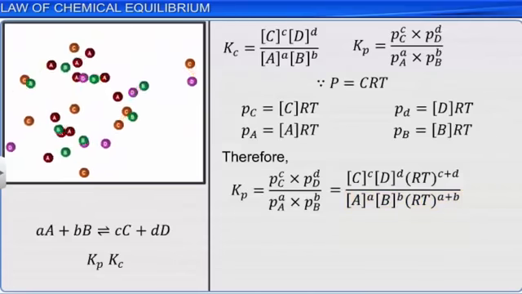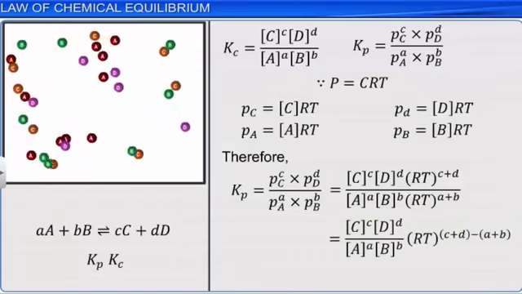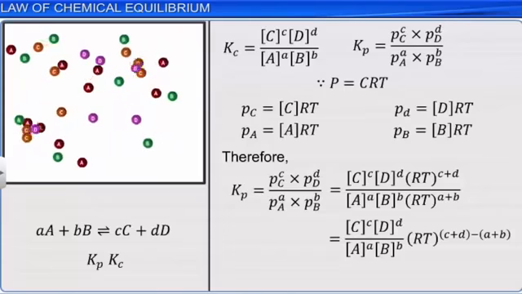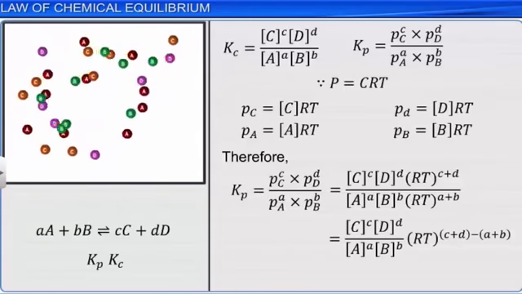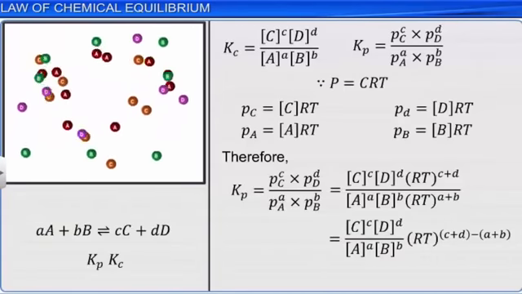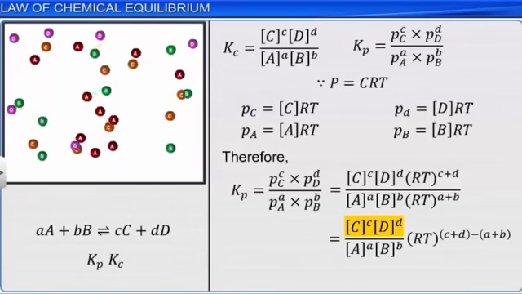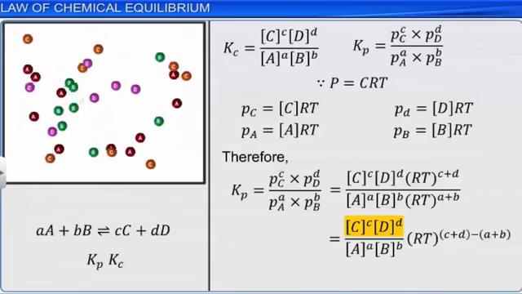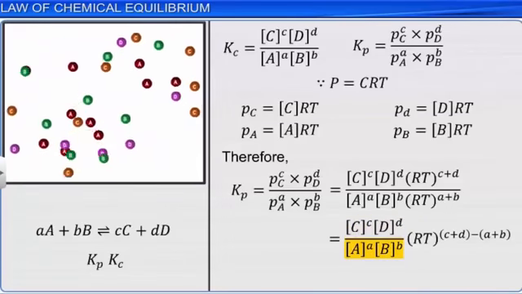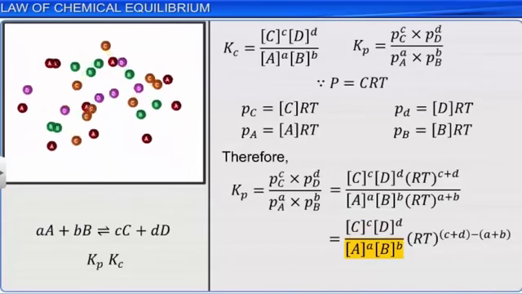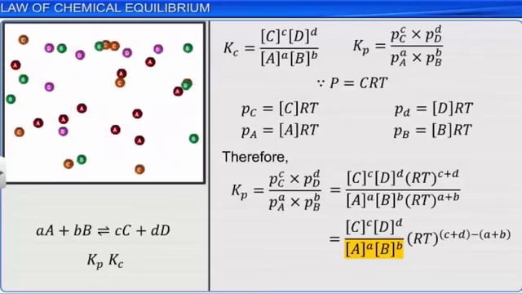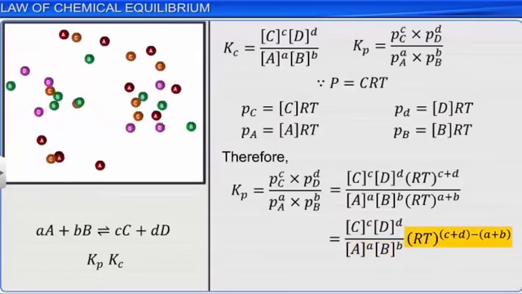This can be written as the concentration of C raised to the power of c and D raised to the power of d divided by the concentration of A raised to the power of a and B raised to the power of b, multiplied by RT raised to the power of the sum of c and d minus the sum of a and b.